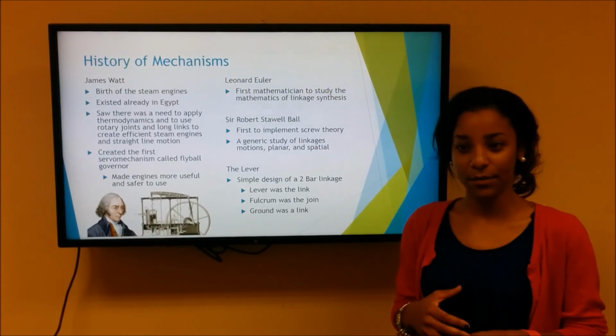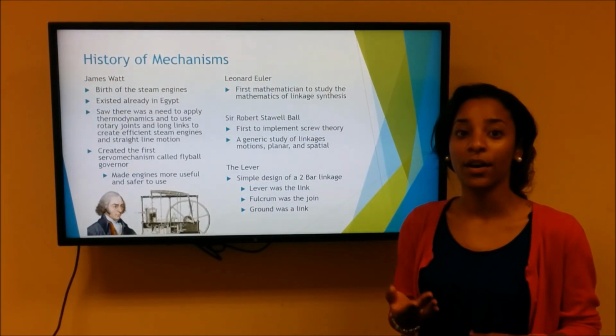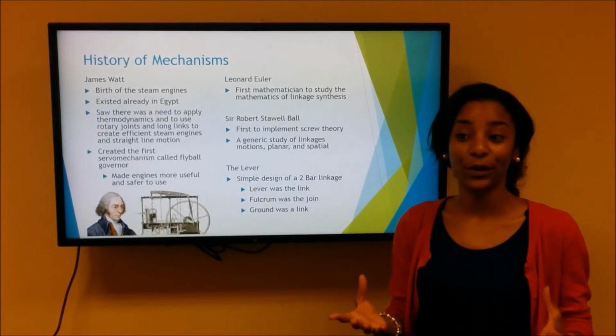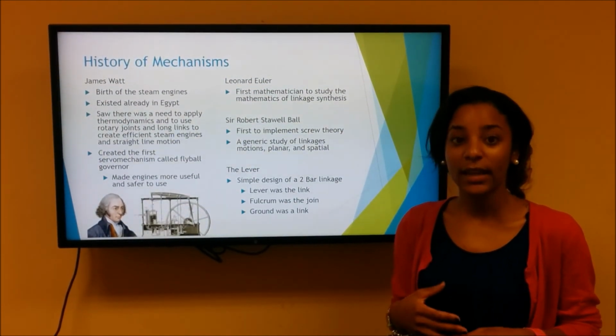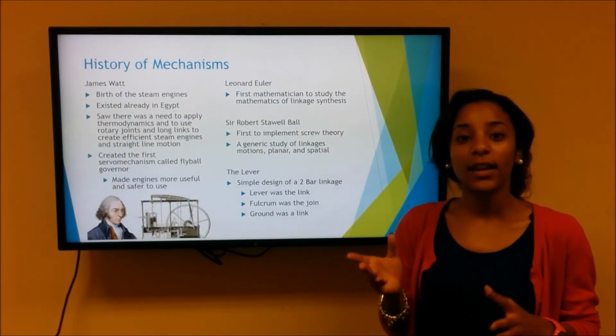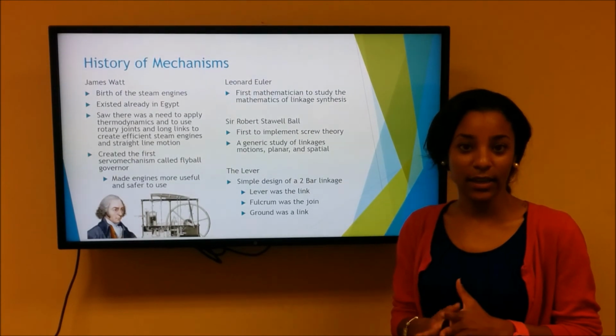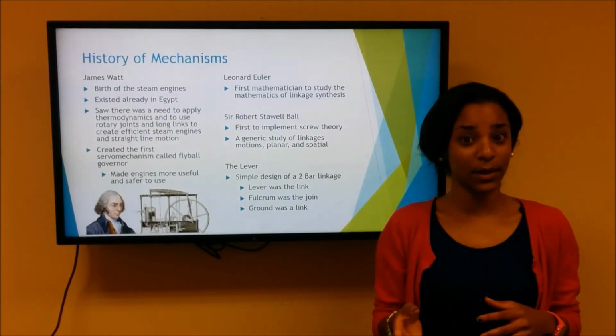A little history of mechanisms. James Watt is considered to be the person who gave birth to mechanisms in terms of starting it up. He created the steam engines, and when they say created, he really wanted to apply thermodynamics to it.